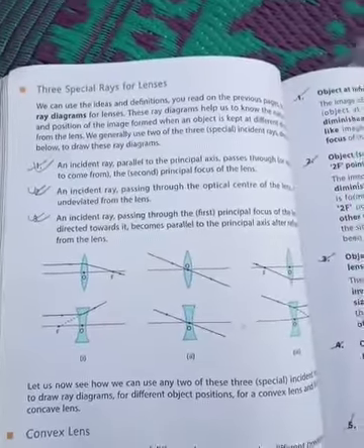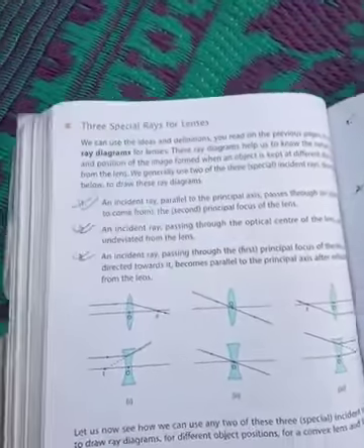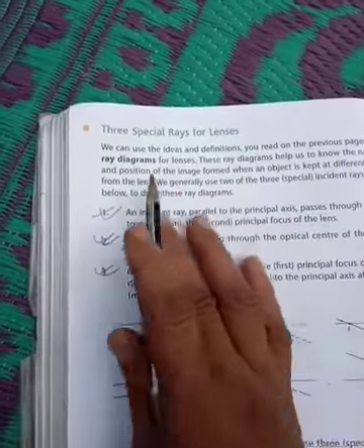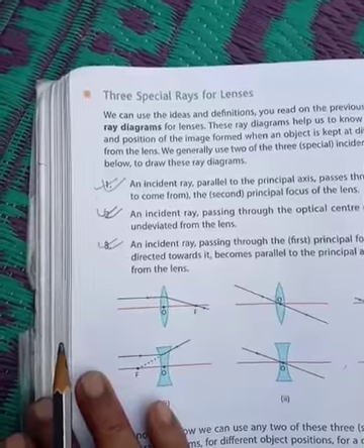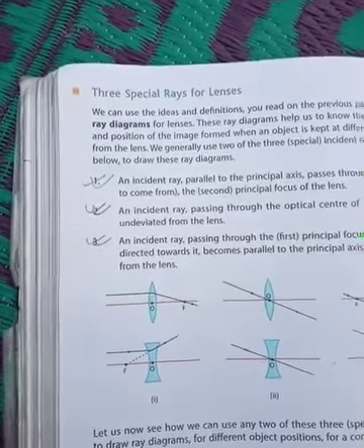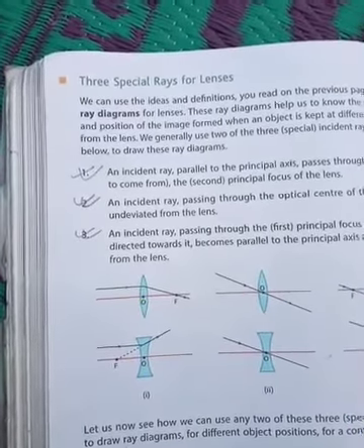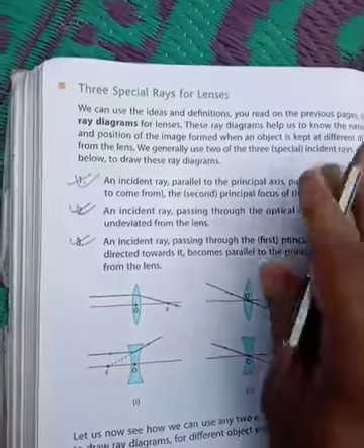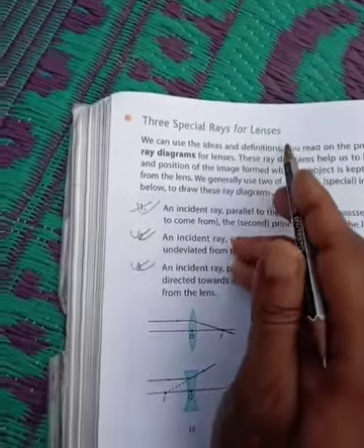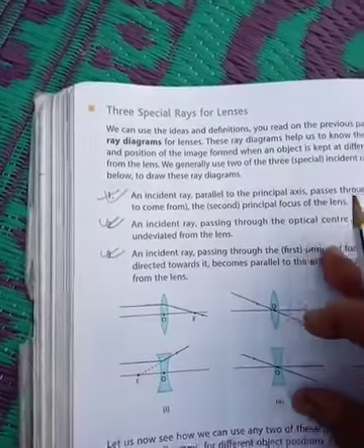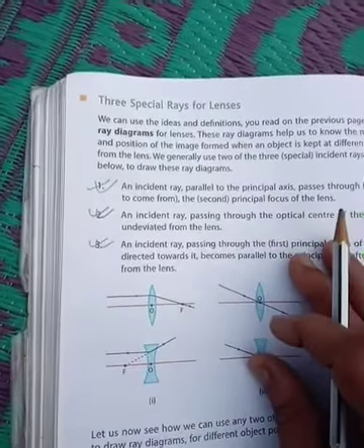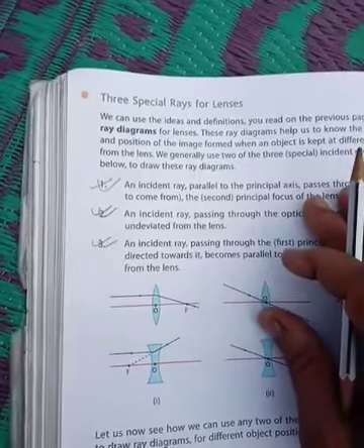Now come to ray diagrams. As we have seen in case of mirrors, with the help of ray diagrams we can show the formation of images. Similarly, in case of lenses also, with the help of certain rays we can draw the images of various objects at various positions. So let's see three special rays for lenses. Infinite rays are coming or incident on a lens, but all those rays are not of practical importance.